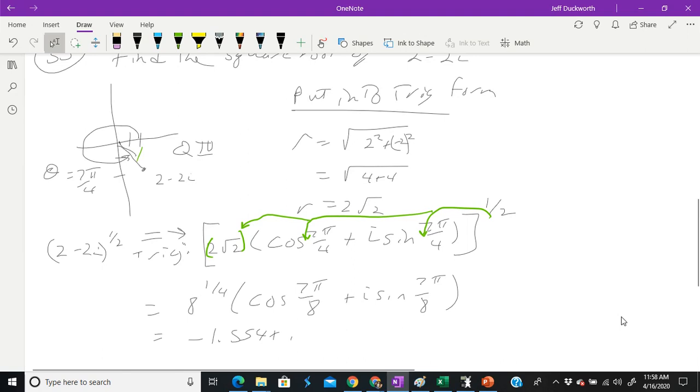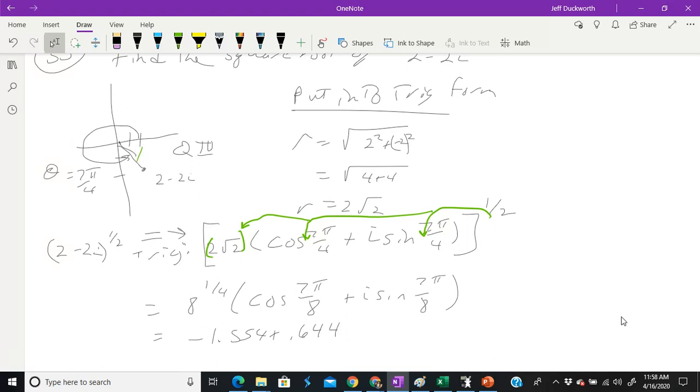So plus 0.644i. So this is one answer, and we have to essentially add pi to the whole thing. However, again, just like a normal square root, this is a plus and minus answer.